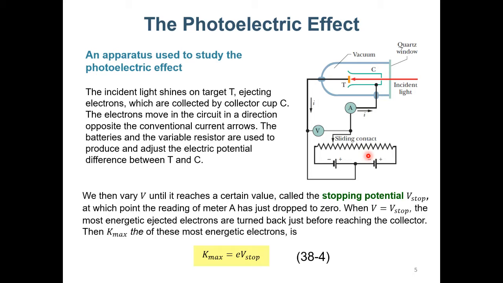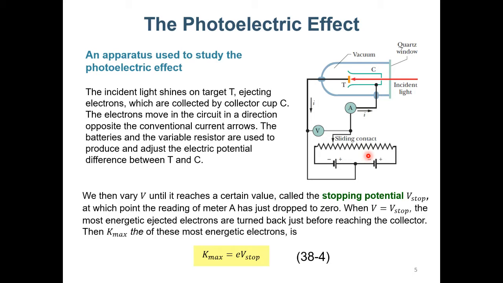If you cut this down, without loss of generality, you can regard this one as a ground, and this is a battery, this is another battery. So it's a resistor, so that if this point is sliding on this resistor, you can choose a voltage between this node and this node.